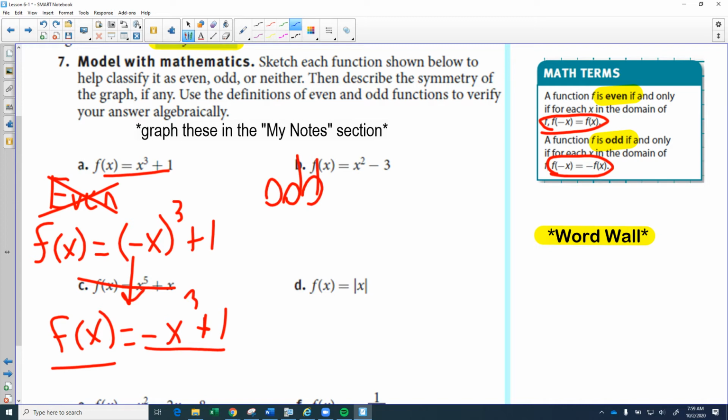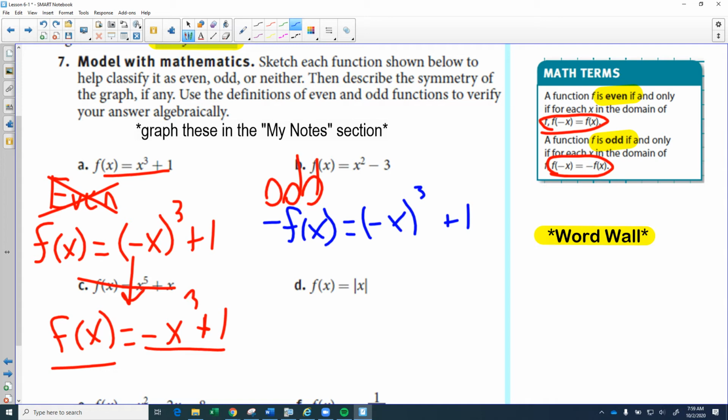In an odd function, I should have a negative on both the f of x and the x value, and I should see if I can get back to the original function. For this particular problem, this would become negative f of x equals negative x cubed plus 1.